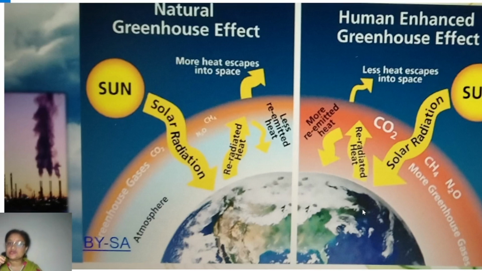This heat is trapped inside the atmosphere to a great extent, right? Thus increasing the temperature of the surrounding atmosphere as a whole. This increase in temperature caused by the greenhouse effect is called global warming. Global warming. Clear?